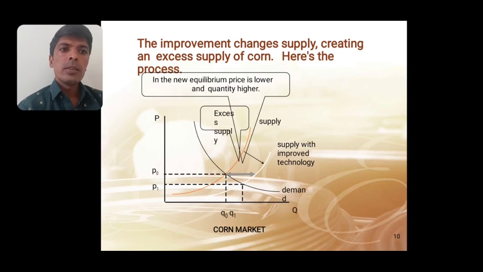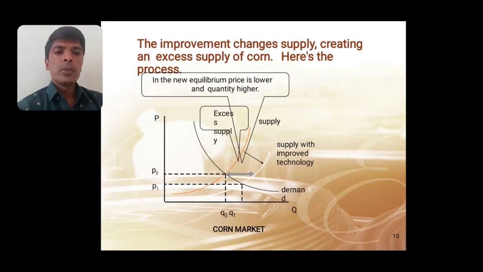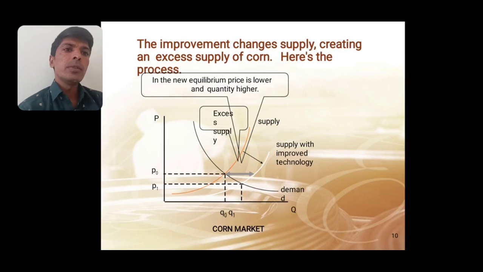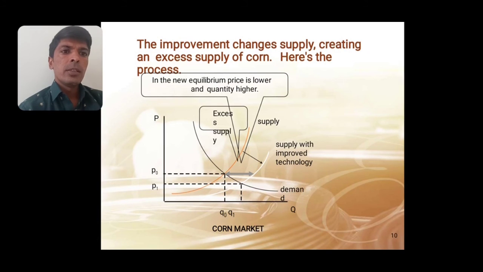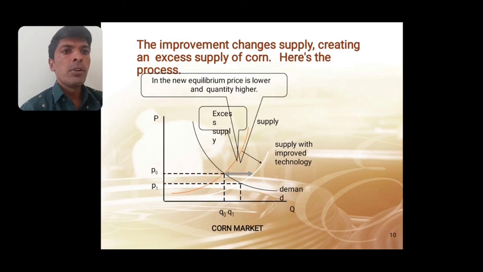When price is P1, because supply has increased, the price will decrease. So when price is P1, quantity demanded will be Q1, and the curve shifts from red to white. You can see in the graph the curve shifts towards the x-axis, and a new equilibrium price will be P1.